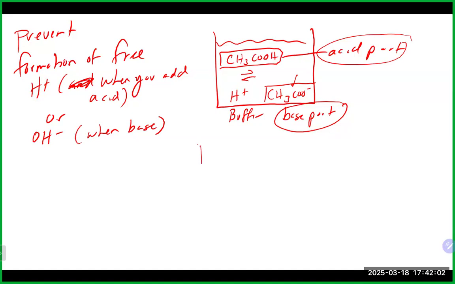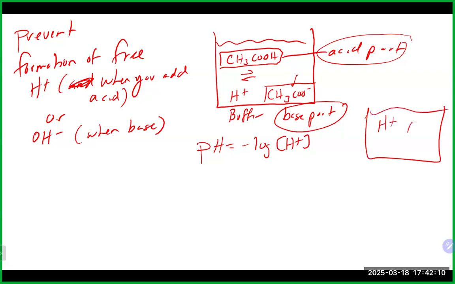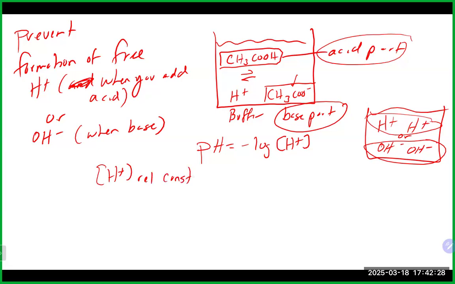Remember, what affects the pH is minus the log of the H plus concentration. And what affects the pH really is how much free H plus you've got floating around, or free OH minus. So by tying these guys up into something, it allows the concentration of H plus to stay relatively constant in both situations.